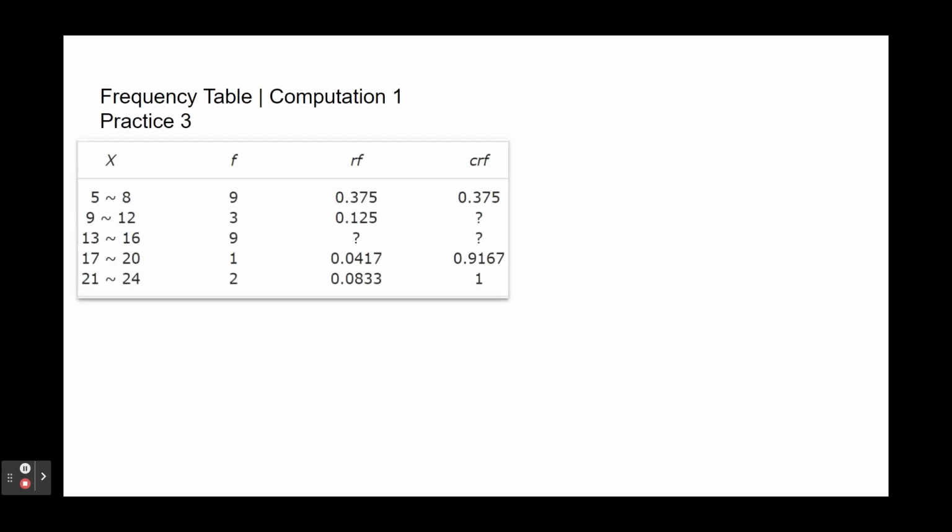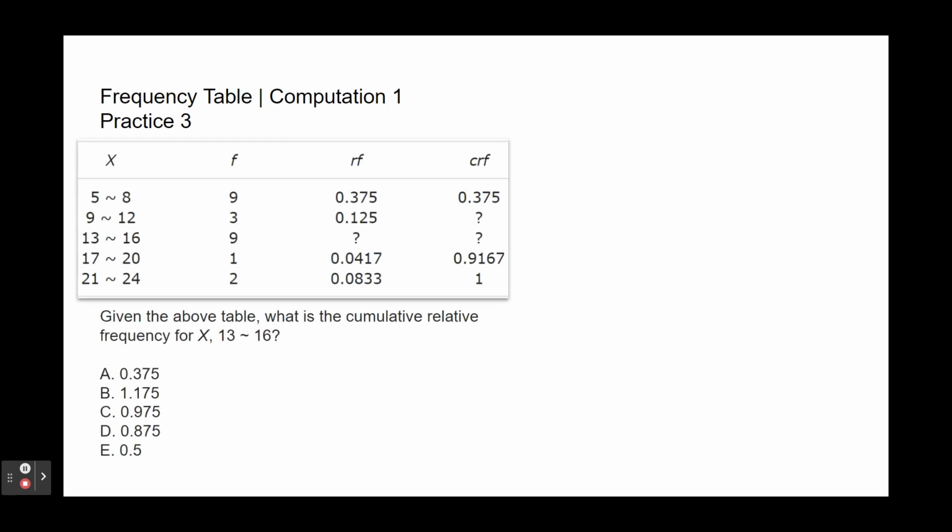Next example and frequency table: what is the cumulative relative frequency for x interval from 13 to 16? We are asking for this cumulative relative frequency value here. The answer is D. Why?